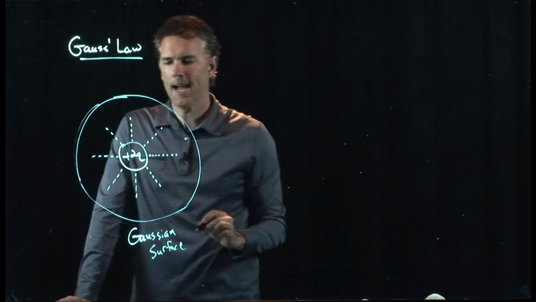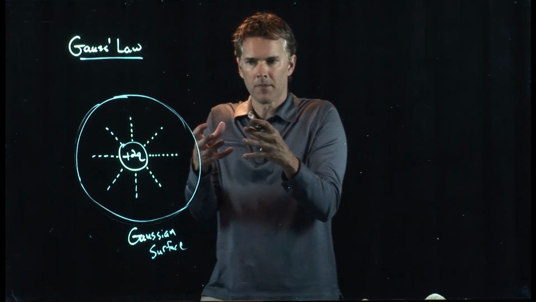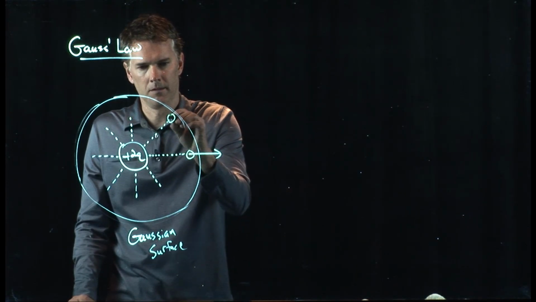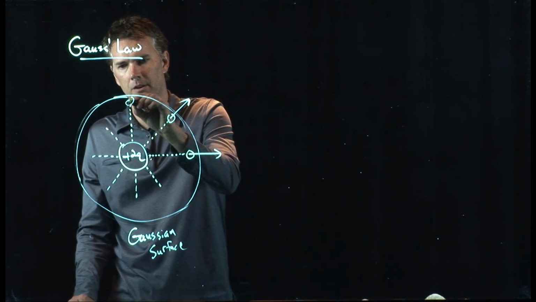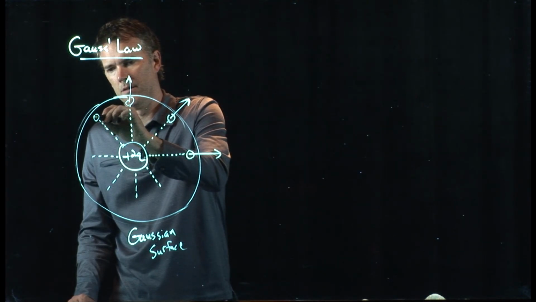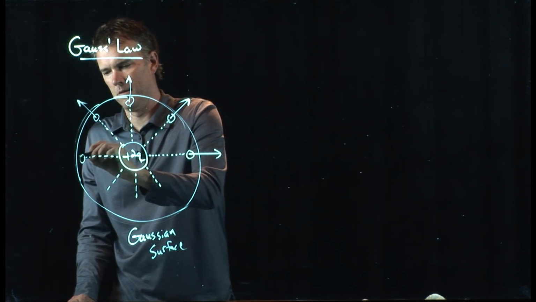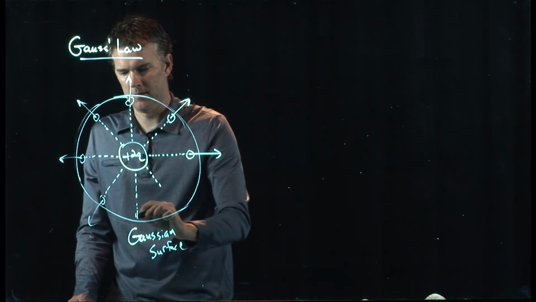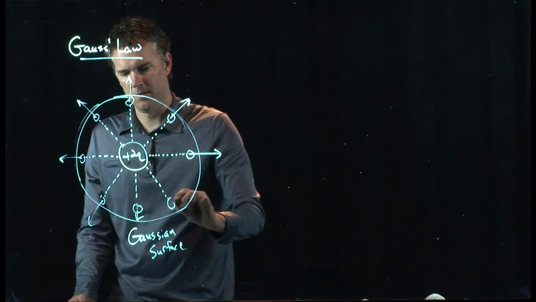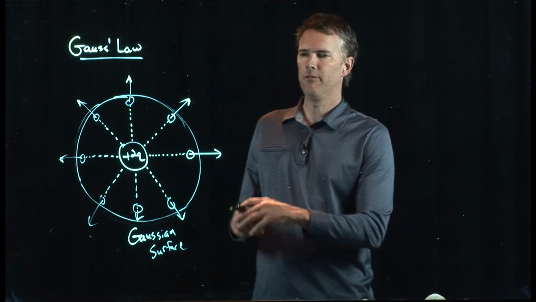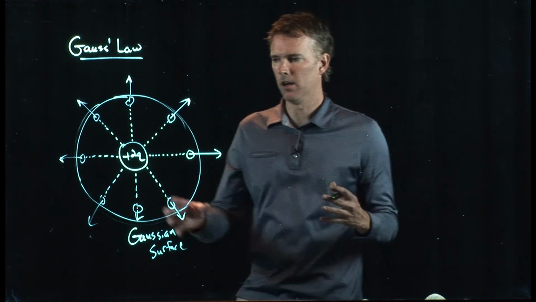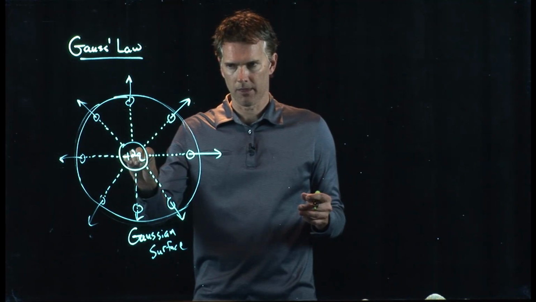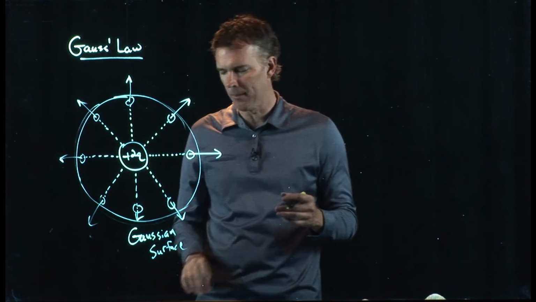I'm drawing them with dashes because they're inside the sphere. But eventually, they're going to poke right on out. And here they come out of the sphere. Okay, 8 field lines are coming out of this sphere. If I drew it with 1Q in there, then 4 field lines would be popping out.